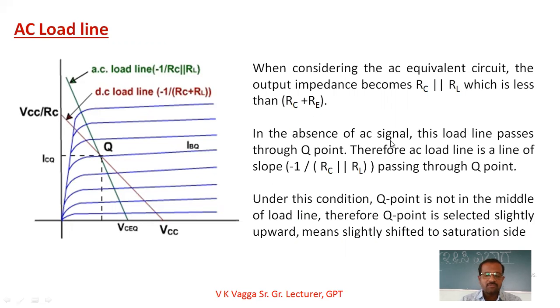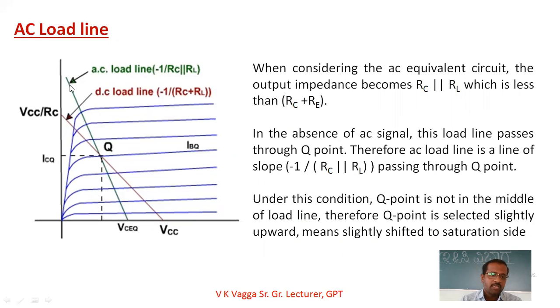In the absence of the AC signal, this load line passes through the Q point. If the AC input is not available, it is going to pass through the operating point Q. Therefore the AC load line is a line of slope minus 1 divided by RC in parallel with RL, passing through the point Q, which you can see as the green line.